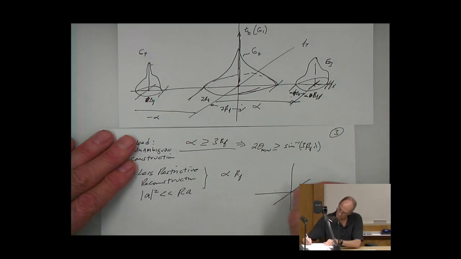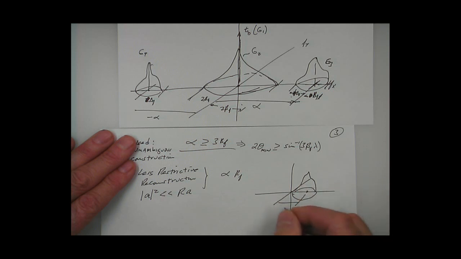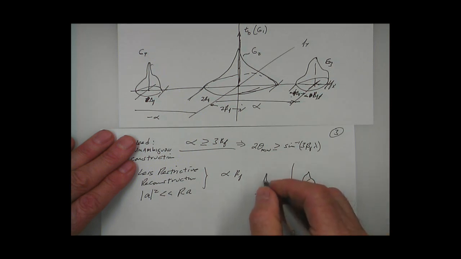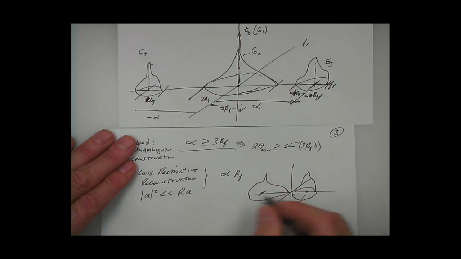So here we have alpha, and then we're going to have this shifted over on the other side. Made it a little too long. Here's minus alpha.